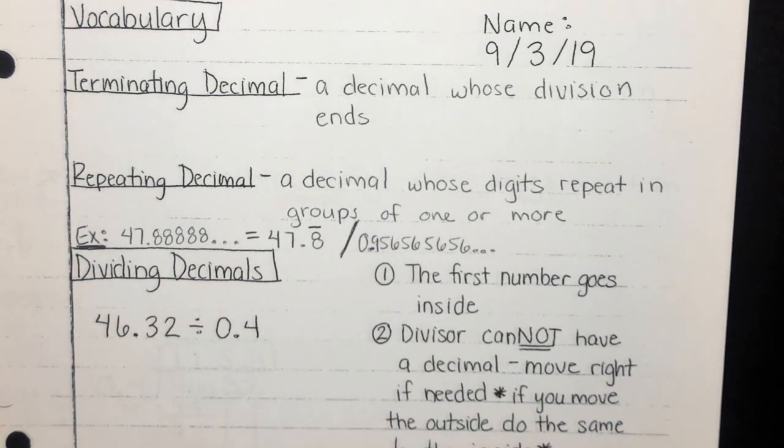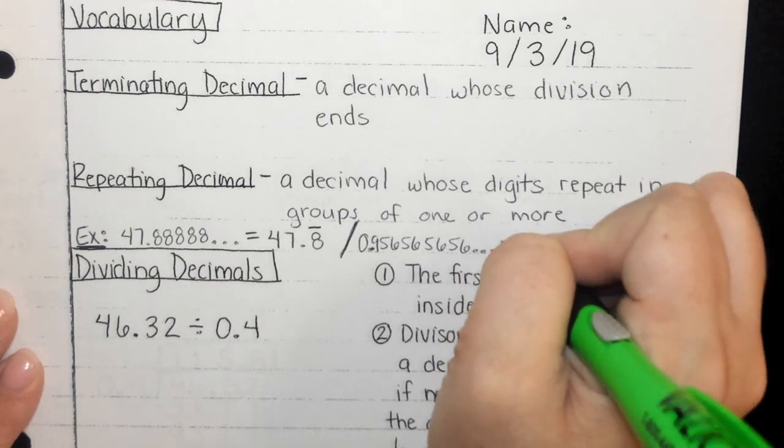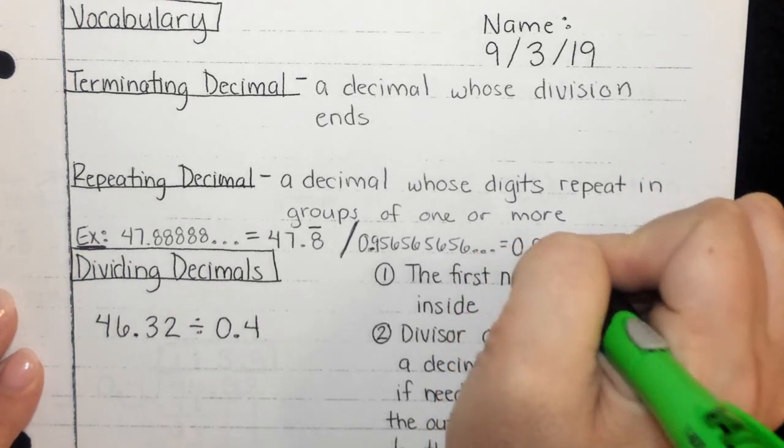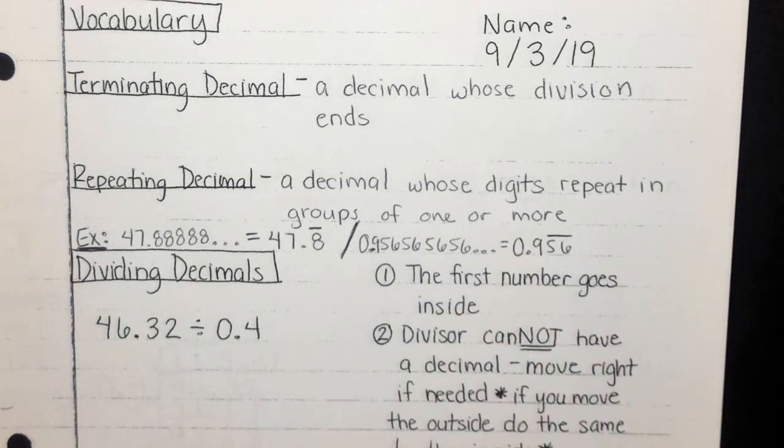What's still repeating? The 56. Is the 9 repeating? No. Even though it's after a decimal, does it get a bar? No. So even with that 9 there, my bar is only going to go over the 5 and the 6 that actually repeat. We okay with that? Okay.